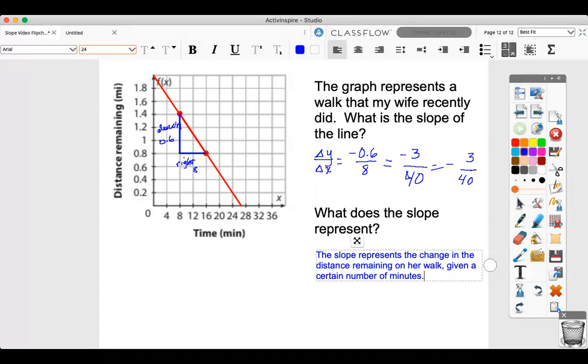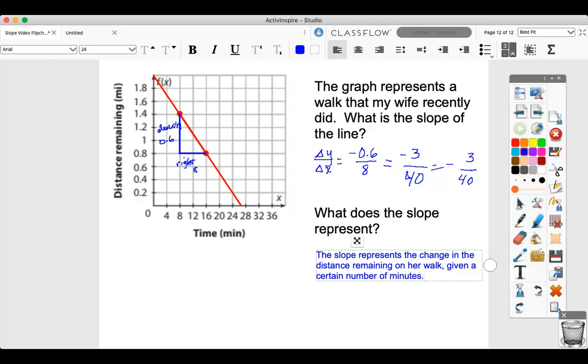Okay. And you could say that it could be the change in the number of minutes or an interval. Okay, there's a lot of ways, a lot of words that you can use to describe this. But as long as you get the essence of the change in y over the change in x, that's the important thing. You always want to make sure that you look at the change in y over the change in x.